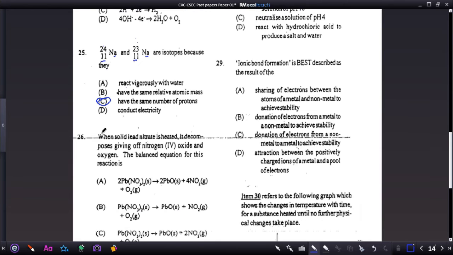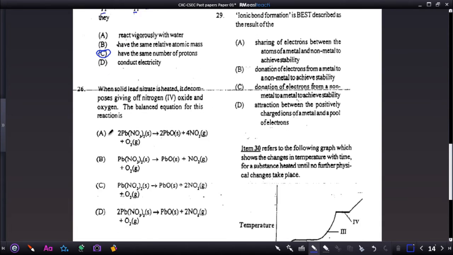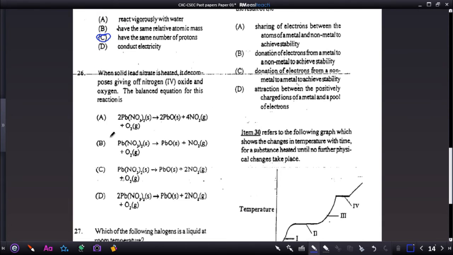Question 26. When solid lead nitrate is heated, it decomposes, giving off nitrogen oxide and oxygen. The balanced equation for this reaction is, we have seen this question before in the 2002 Paper 1. So let us quickly balance this. 3 and 2 is 6, 6 and 2 is 12.